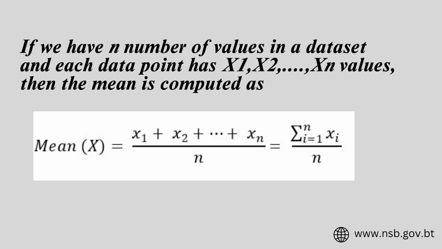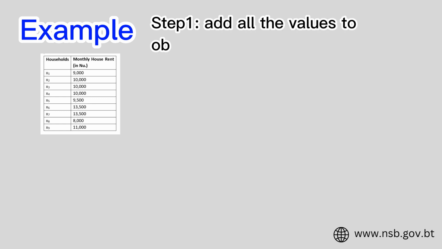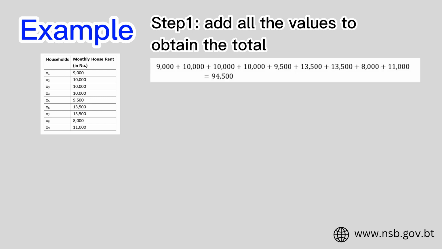To understand this, let's look at an example. Let us consider the data set below showing the monthly house rent of 9 households. To compute the mean, use the following steps. Step 1. You need to add all the values to obtain the total. Here, the total is 94,500.